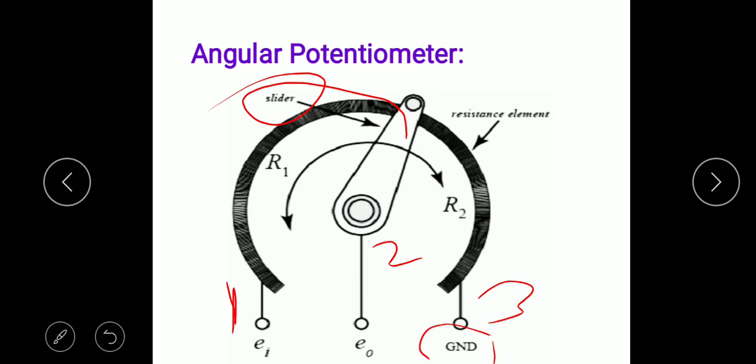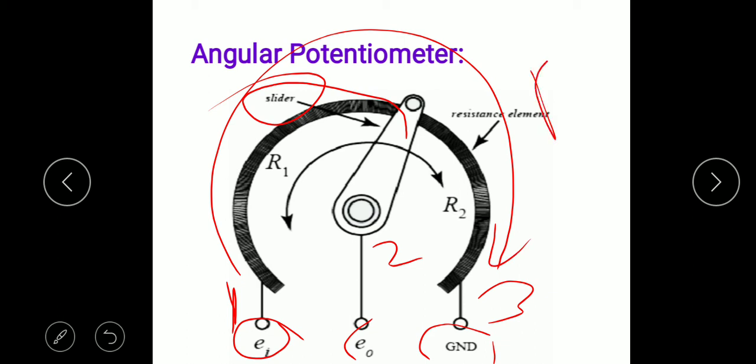GND means ground, E1 means the input voltage and EO means the output voltage. Again, because of this slider, the resistance value R divides into two resistances, R1 and R2. This portion will be R1, and wiper to third position will be R2.